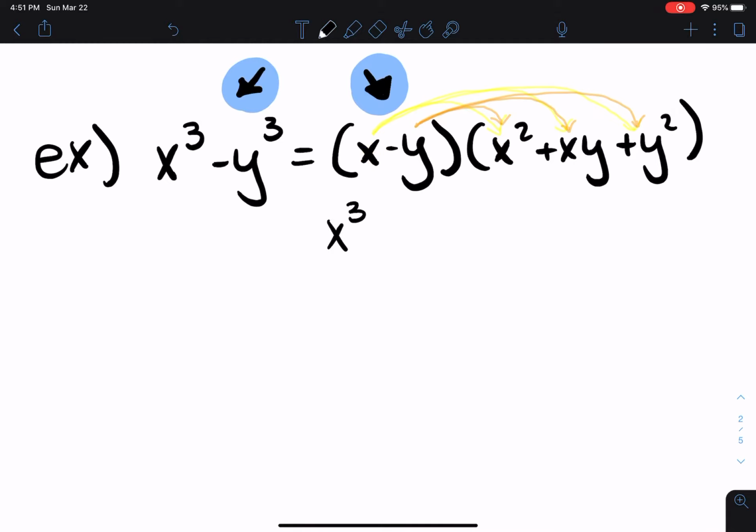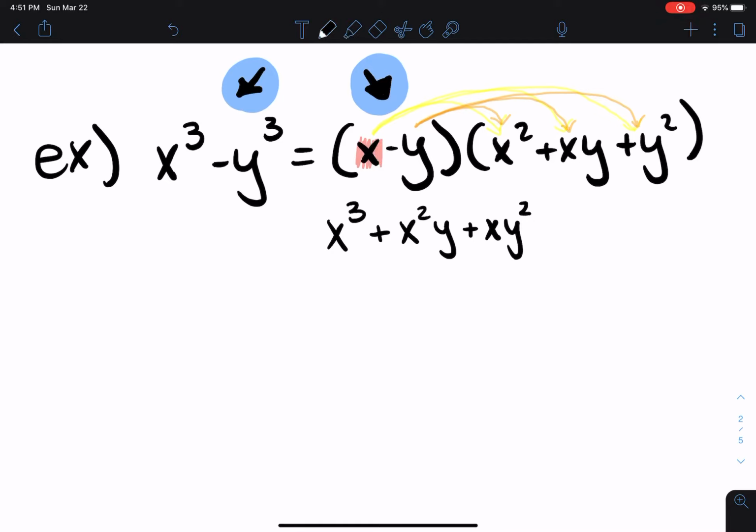Then the X times XY would give me what? Riley? Nobody? Okay, cool. X squared Y, right? Okay, and then X times Y squared is the last one. So it's going to be plus XY squared. Okay, so now we're done with our X's for right now. So essentially, if I wanted to, I could just kind of mark those off and be like, okay, they're done for now, bye.